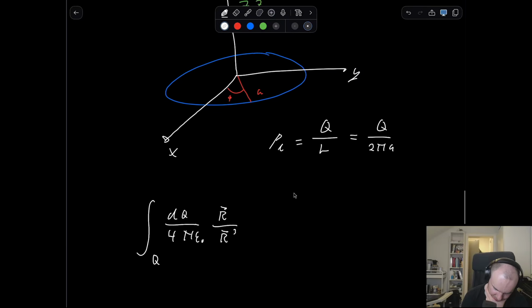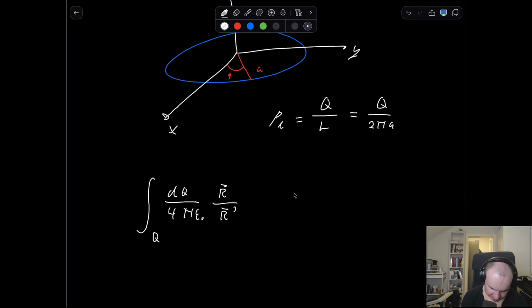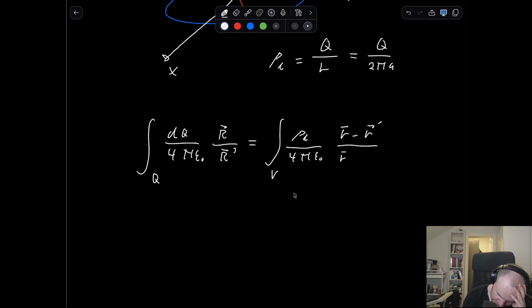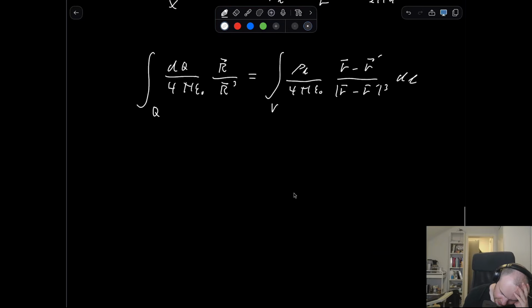We're going to need that later. We can rewrite our integral, and rho L is just constant, so there's no function there. We still have 4 pi epsilon 0, and then r minus r prime, over the magnitude of r minus r prime, cubed, then dl, just like that.